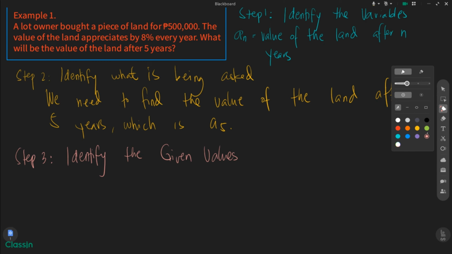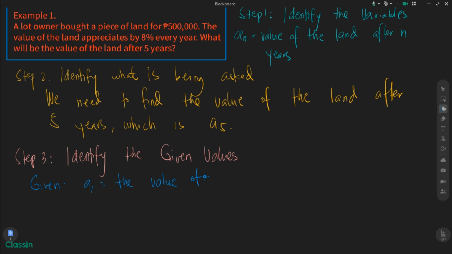Let's have first the A sub 1, or the first term, which is the value of the land after 1 year. That is your first term. So let's compute for the first term, or the value of the land for the first year.